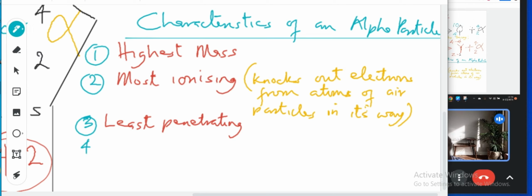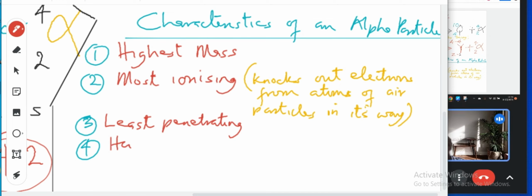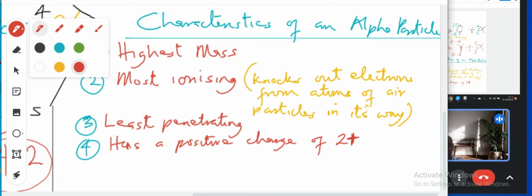Of course, you know it has a positive charge, right? Yeah. It has a positive charge of 2 plus. So because it has a positive charge, it is deflected in an electric field.